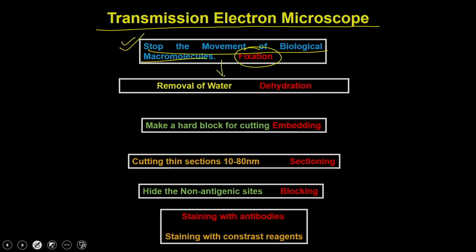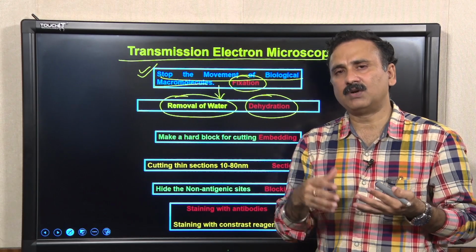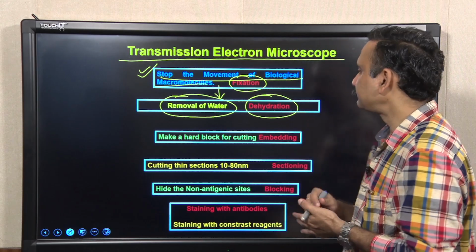After the fixation, the second step is also the same, that you have to remove the water, so you have to do a dehydration, so that the water does not increase the background, because the water is going to interact with the electrons and diffract these electrons, and that is how you are going to have the heavy background. So, you have to remove the water.